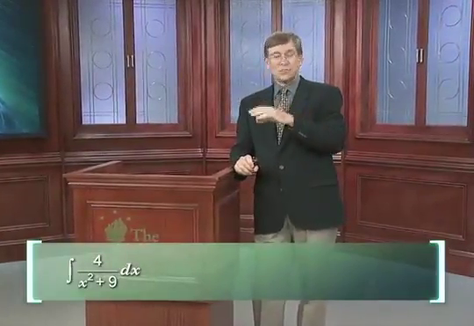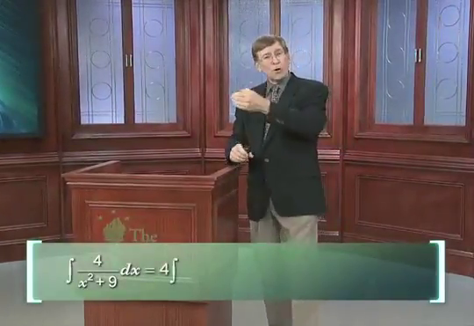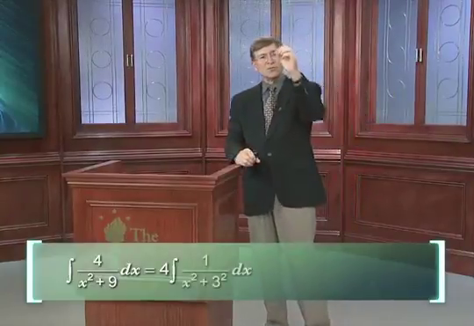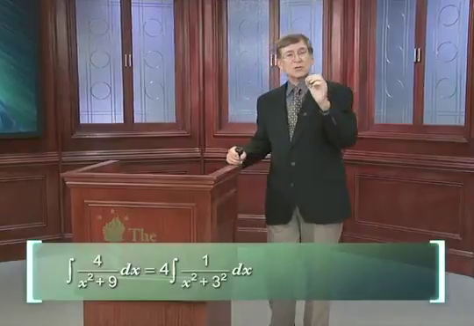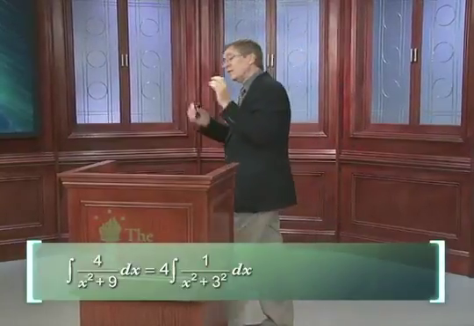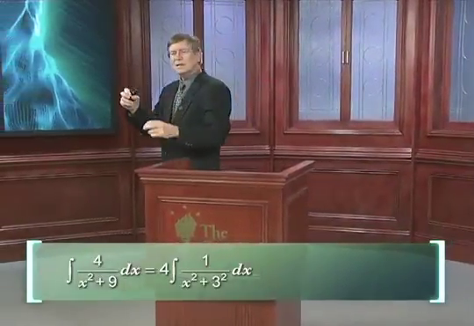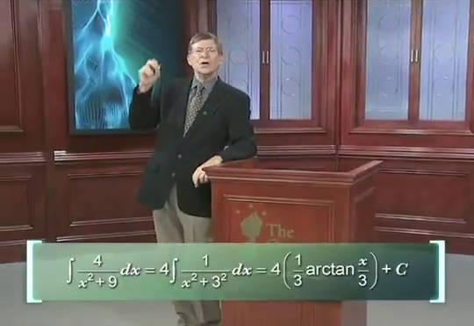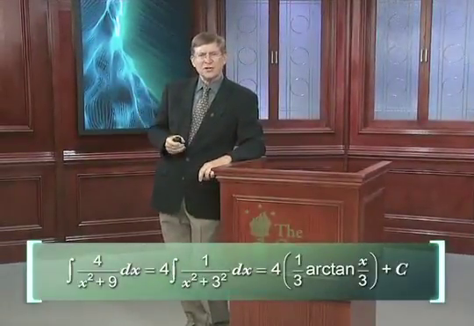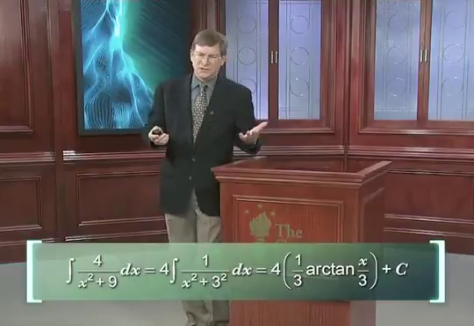In this case, a is 3, because 3 squared is 9. The 4 can come outside the integral sign, so I'm left with 4 times 1 over x squared plus 3 squared. That's precisely the form of the formula, so the answer is 4 times 1/3 arctangent x over 3 plus a constant. Good.